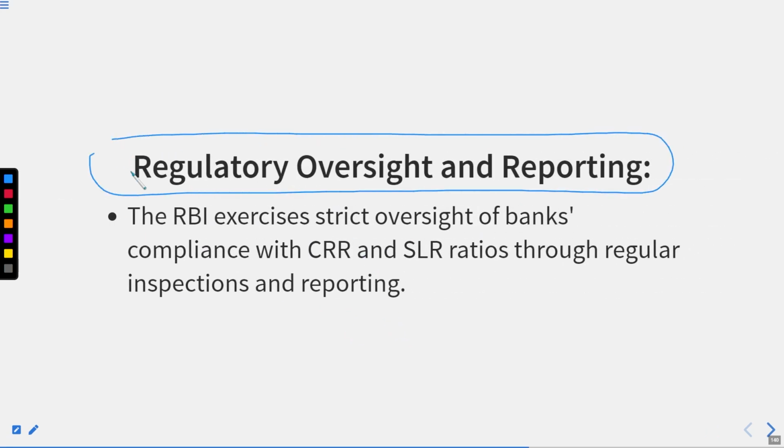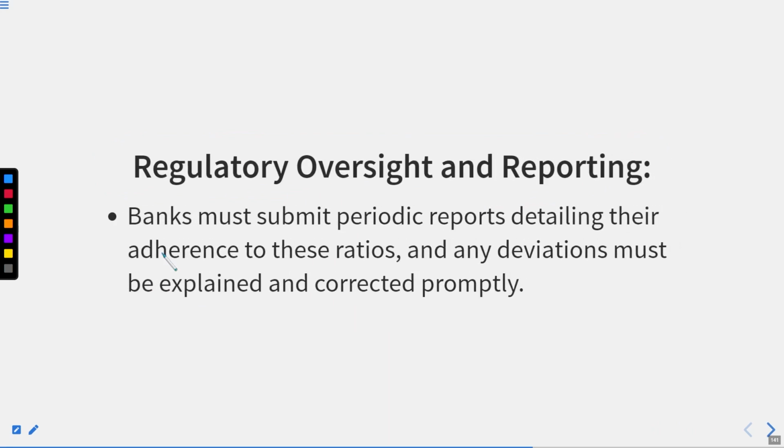Regulatory oversight and reporting. The RBI exercises strict oversight of banks' compliance with the CRR and SLR ratios through regular inspections and reporting. Banks must submit their periodic reports detailing their adherence to these ratios. Any deviations must be explained and corrected promptly.